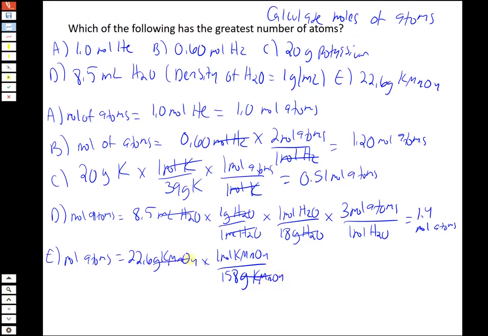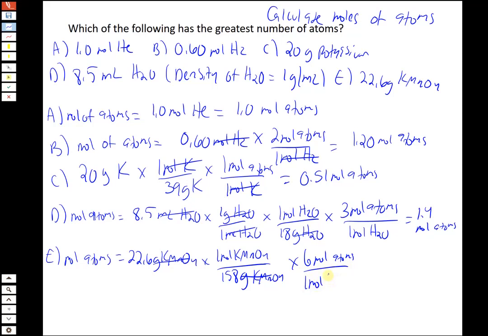I did that quickly, but you can check yourself and make sure you get that. So 158 grams per mole for KMnO4. But again, that's moles of KMnO4 formula units. It's not really a molecular compound in this case because it's ionic, but nonetheless, it's this many moles of the formula KMnO4. But if we're looking for moles of atoms, the formula has 1, 2, 3, 4, 5, 6: K, Mn, 4 oxygen, a total of 6 moles of atoms for every mole of KMnO4.